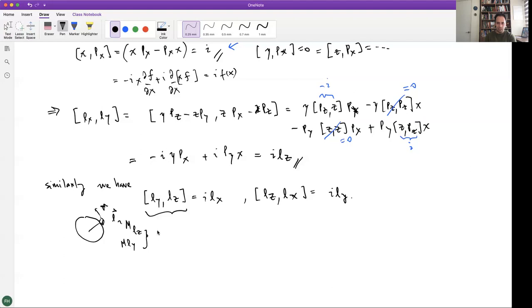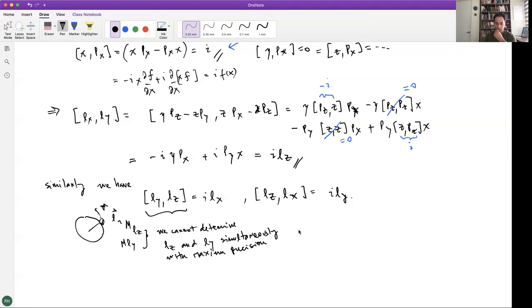So it means we cannot determine the LZ and LY simultaneously with maximum precision. In other words, there would be a Heisenberg uncertainty relation associated with this.